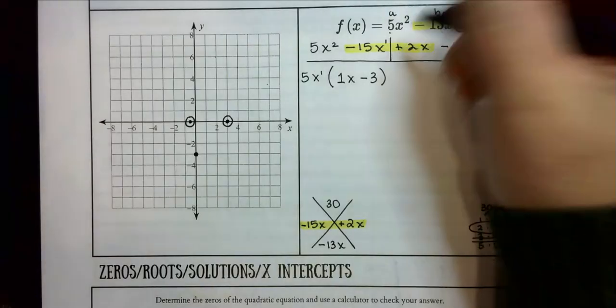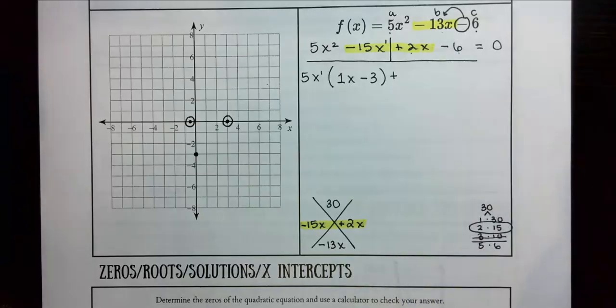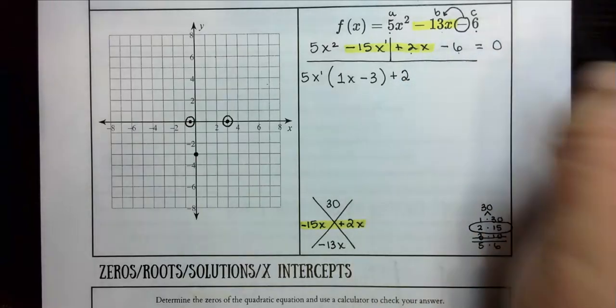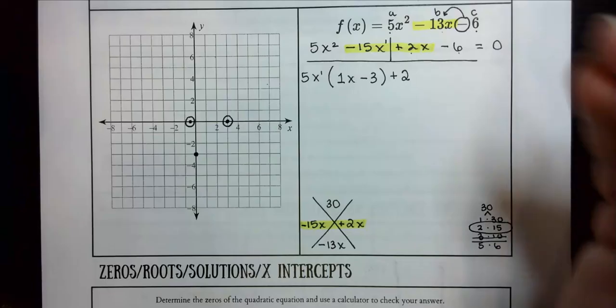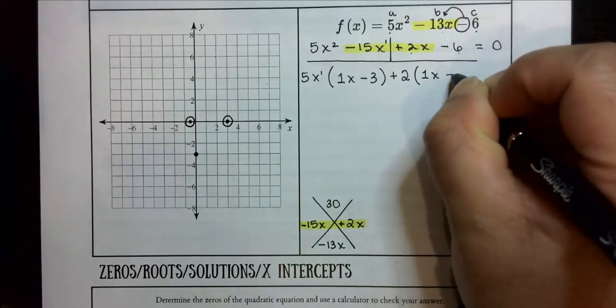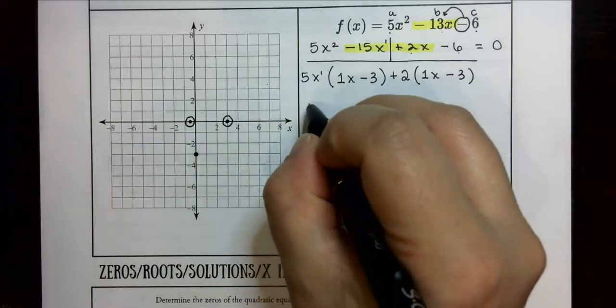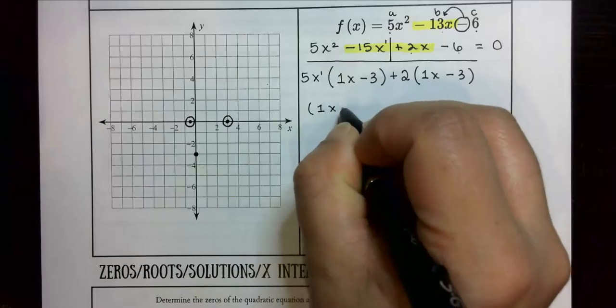All right, I'm going to take this plus sign, bring it down. The biggest number that divides into 2 and 6 is 2. Because they don't both have x's, we're just going to divide by 2, which gives us 1x minus 3. Both of these are equal to each other, so that lets us know we did it correctly.